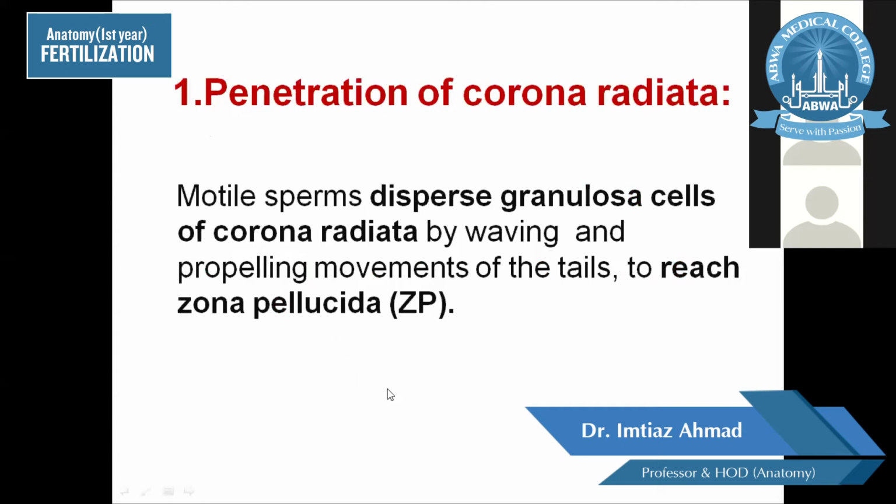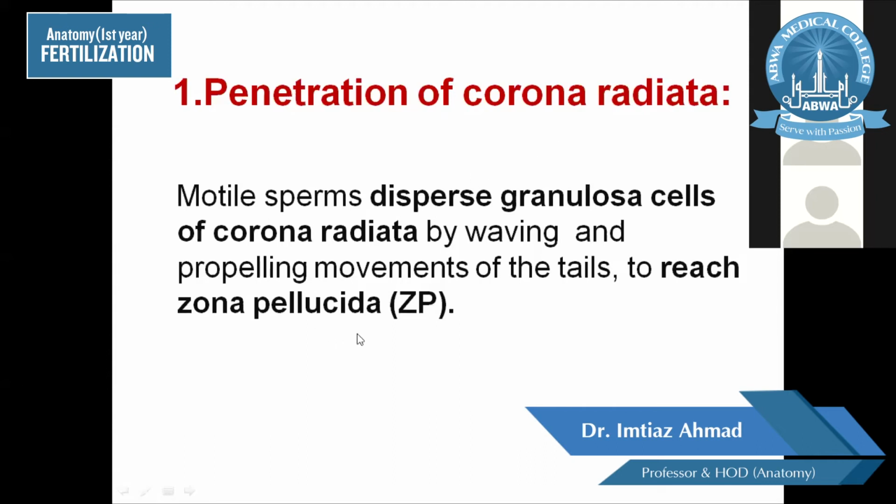So one thing is important. Only motile sperms are able to disperse the granulosa cells of corona radiata. Meaning thereby, the sperms must be active and live. If it is not so, that cannot disperse the granulosa cells.